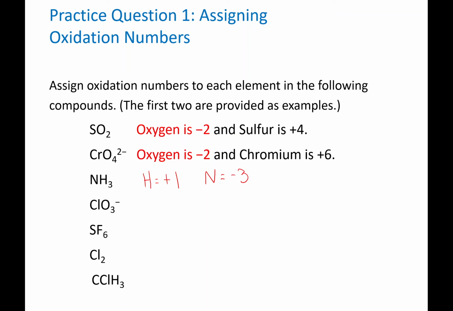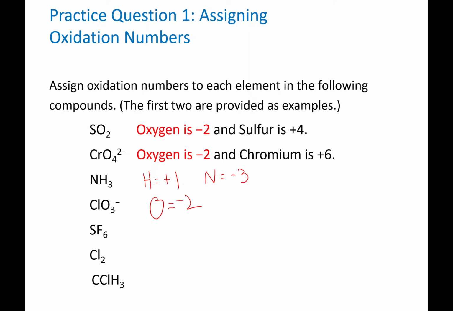Chlorine, so this is an example where we have chlorine bonded to 3 oxygens. This is an example of a case where the halogen isn't going to have a -1 oxidation number. So oxygens, again, are going to be -2s.